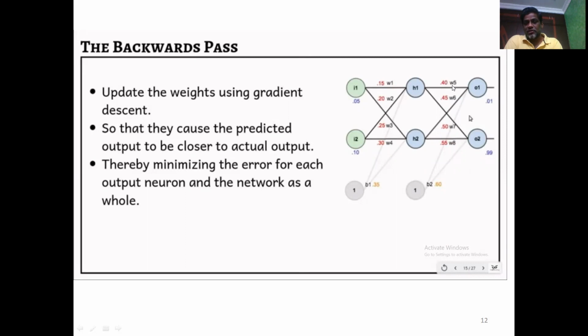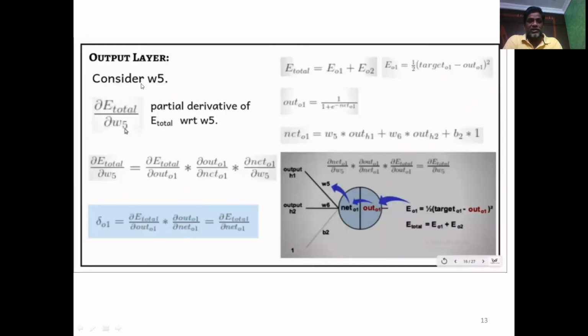To update W5, what you need to calculate is dou E total by dou W5. This will give us the partial derivative of E total with respect to W5. That will be used for updating the weight W5. That means we are propagating the error term to update the weight W5.